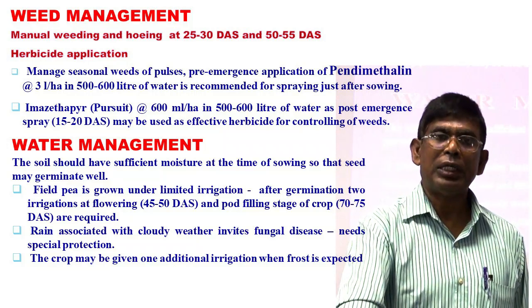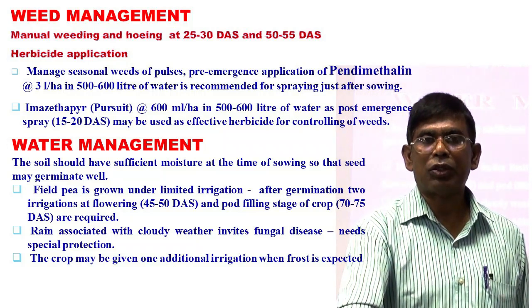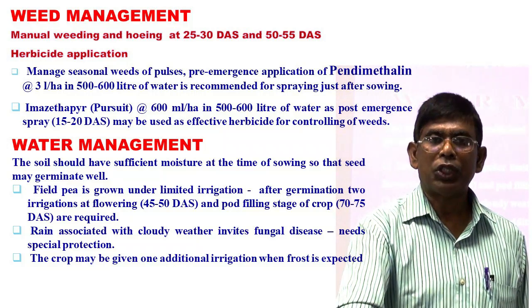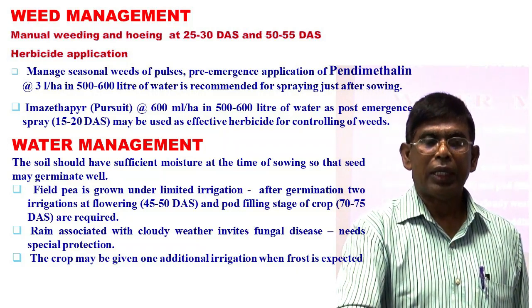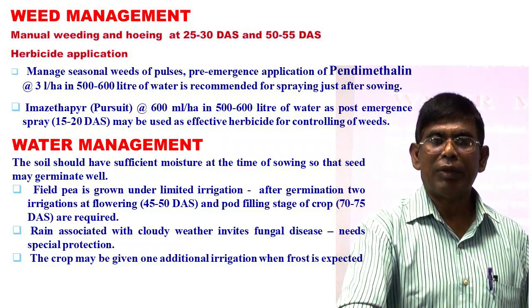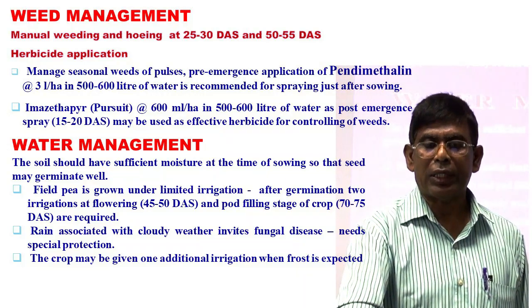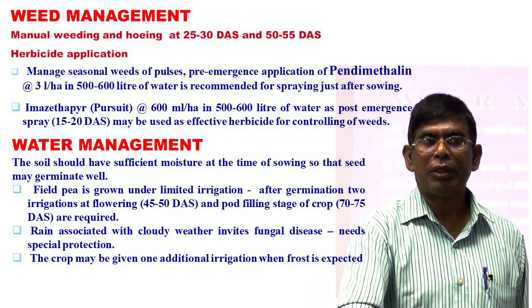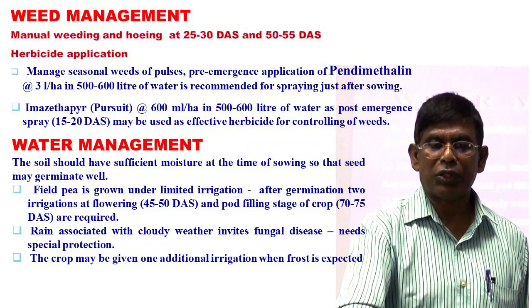And the 3 liters of this herbicide should be mixed with 500 to 600 liter of water for 1 hectare spraying. Then some post-emergence herbicide like imidacloprid at the rate of 600 milliliter per hectare should be sprayed on the crop to reduce the weed infestation.